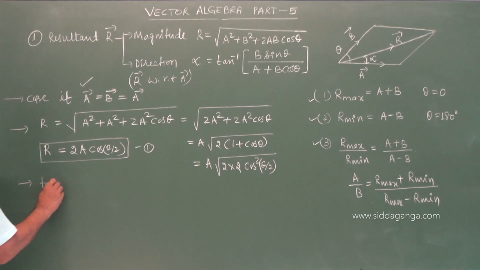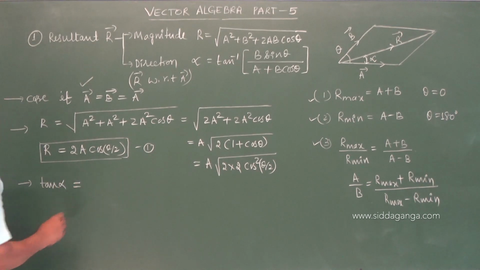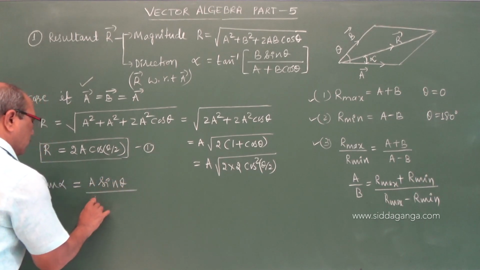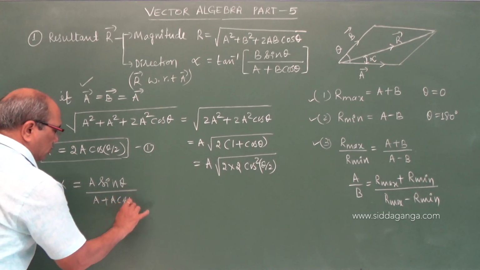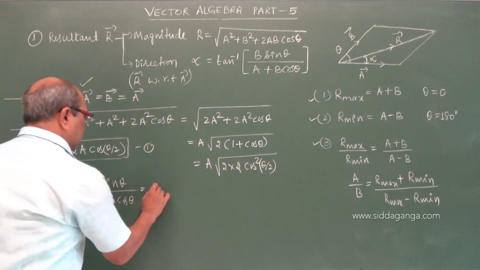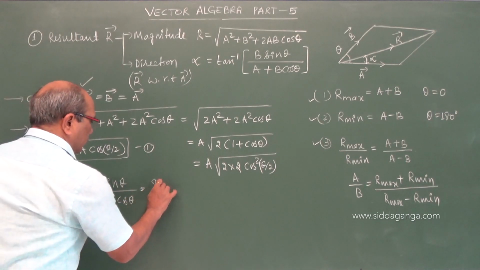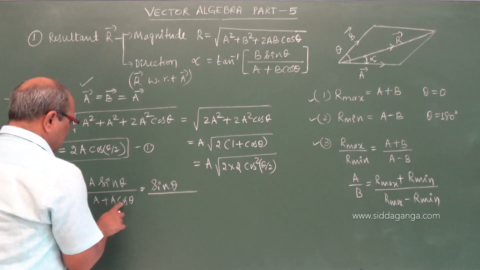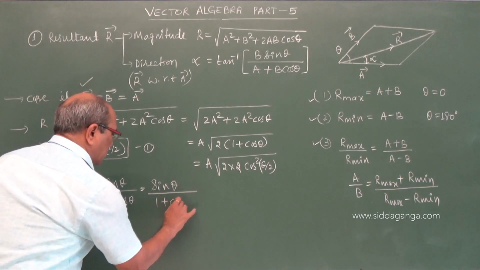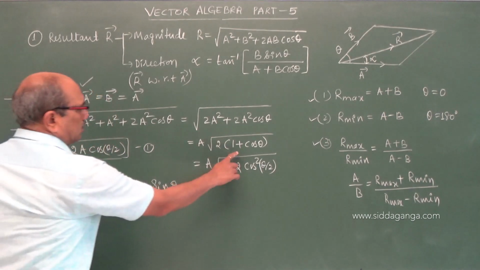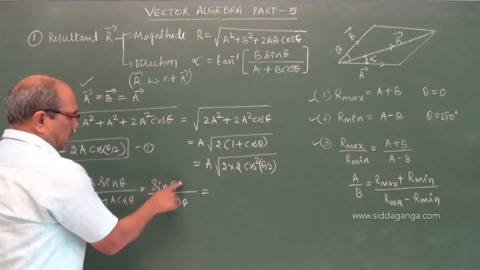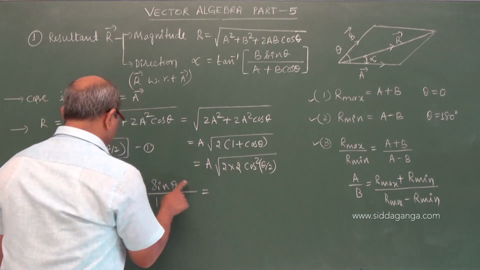Tan alpha equals, instead of B I write A sin theta by A plus A cos theta, which becomes, A cancels, sin theta divided by, A cancelled, 1 plus cos theta. We know 1 plus cos theta is 2 cos square theta by 2. Therefore, I can write this as sin theta.